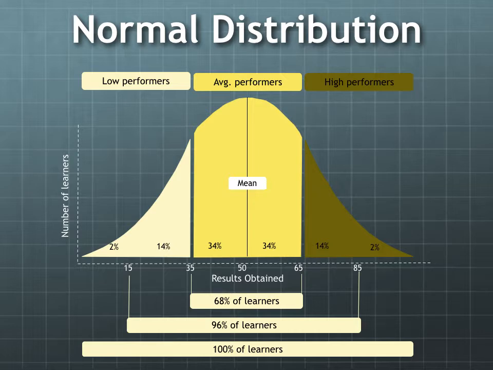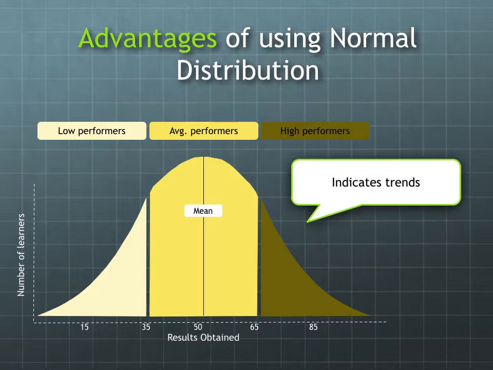So let's have a look at some of the advantages. In the next module, you're going to look in detail at how we use normal distribution as a tool to analyze data. The first advantage is it indicates trends, and most of the other methods don't. The second is it uses all of the results, which most of the others don't.